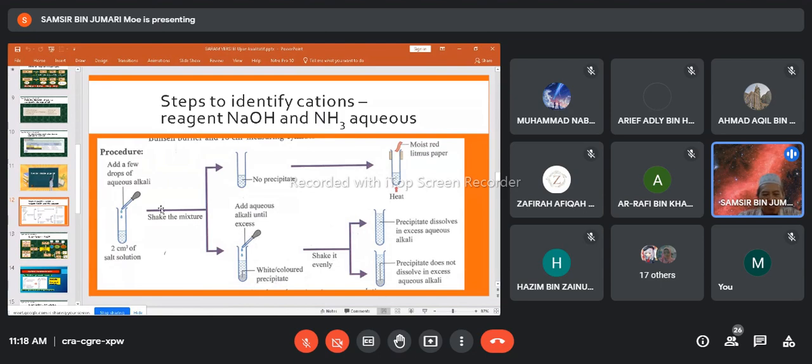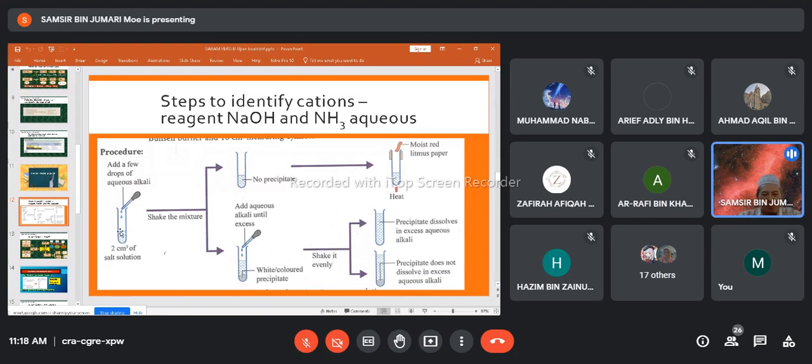The detailed procedure is given in our textbook. Okay, this is only the summary. Okay, for the sample of the salt solution, we take maybe 2 cubic centimeter of sample consisting of the salt solution.